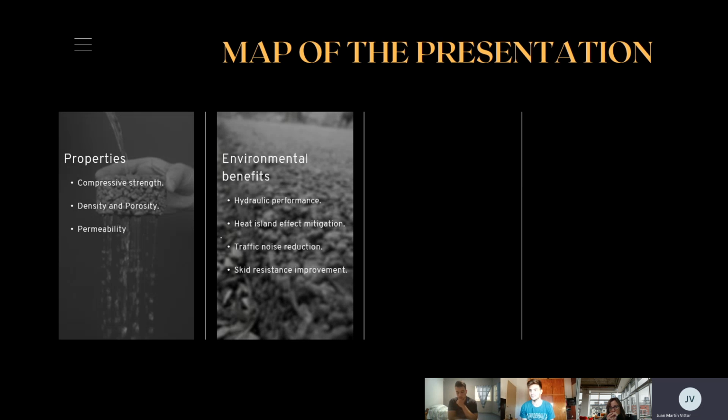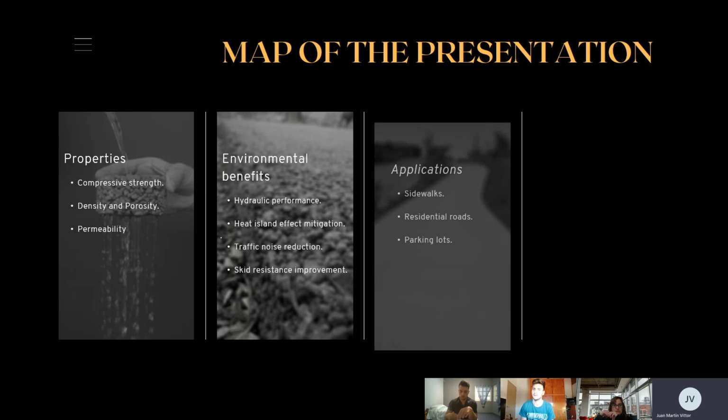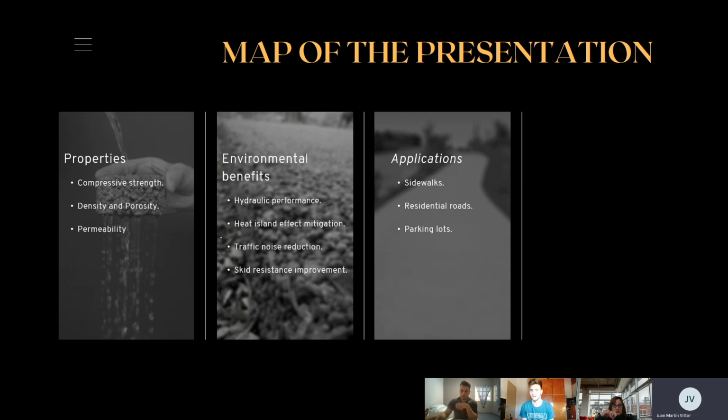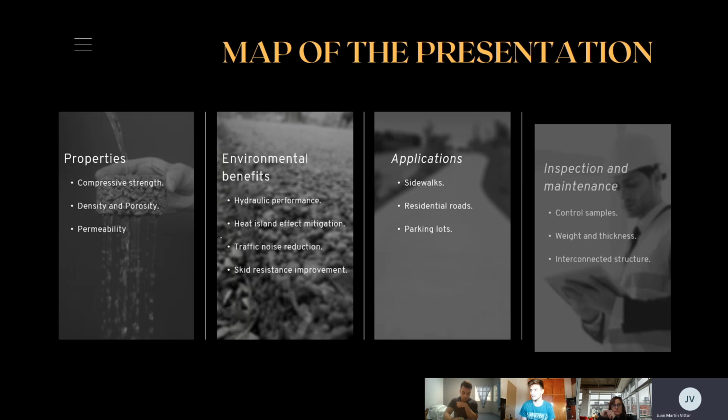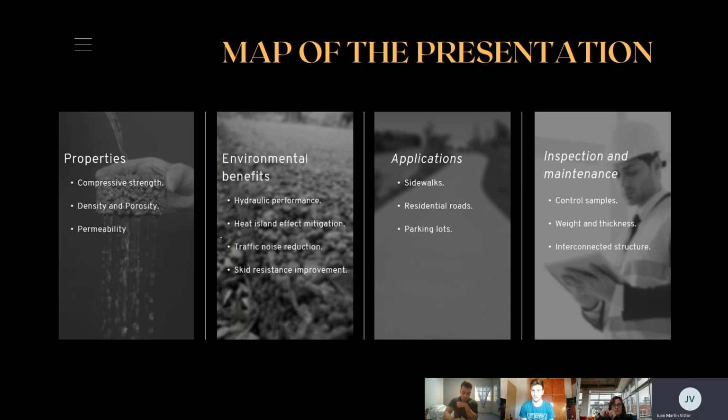In the second place, the environmental benefits, hydraulic performance, heat island effect mitigation, traffic noise reduction, and skid resistant improvement will be addressed. And then some applications that would become a solution will be shown. Finally, the principal test and maintenance activities will be introduced.